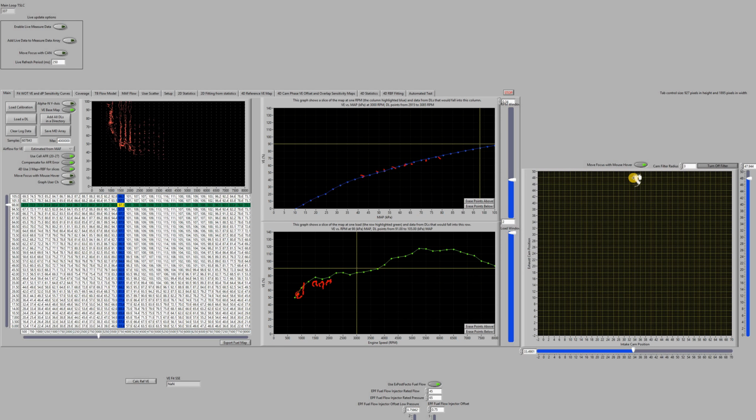And obviously with the VE we would be using a MAP sensor, manifold pressure sensor, for the main load index. But anyway, that gives you an idea of what I'm looking at, or what I'm evaluating at the moment.